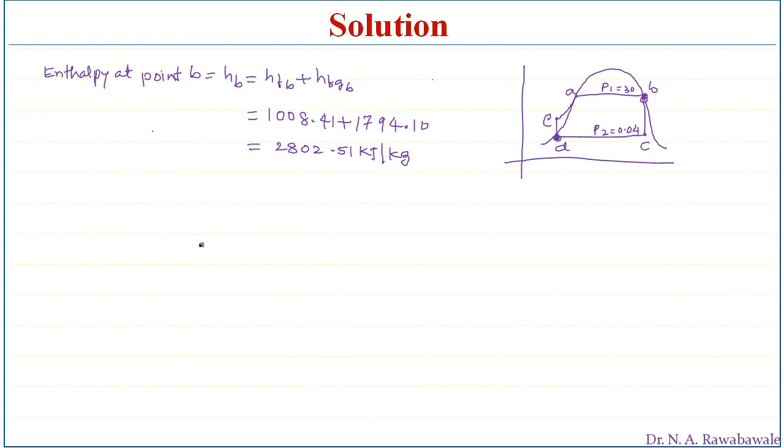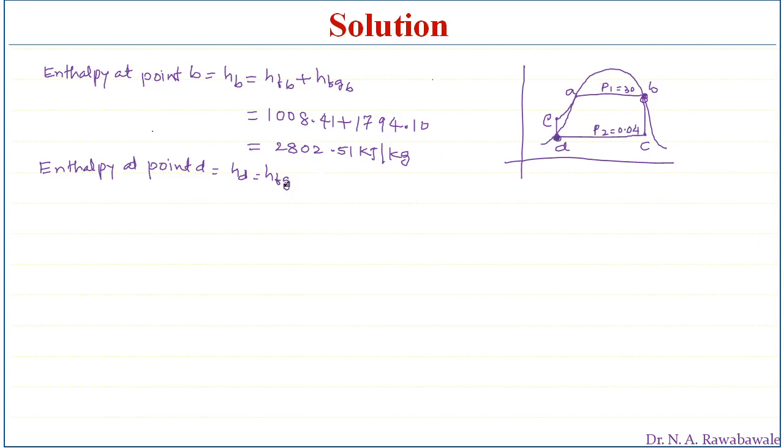So now enthalpy at point D can be obtained. Enthalpy at point D is equal to HD. HD in the sense it is HF at point D, because the condition of the working substance at point D is liquid condensate. F indicates liquid.